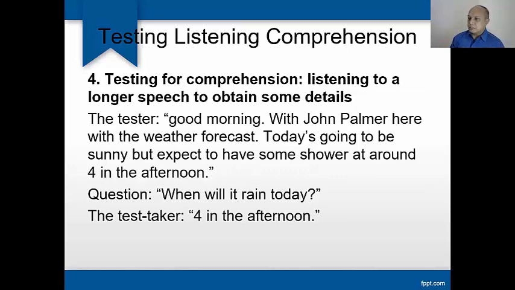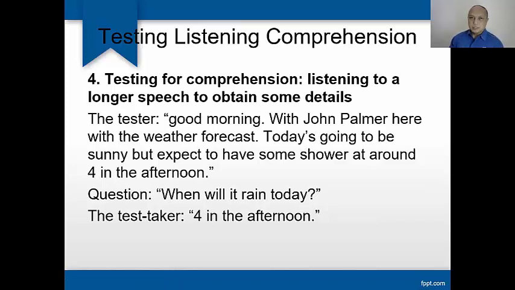The fourth is like this: testing for comprehension, listening to a longer speech to obtain some details. For example, the tester says, "Good morning, this is John Palmer here with the weather forecast. Today is going to be sunny, but expect to have some shower at around 4 in the afternoon." So this is a short speech, or a longer speech, longer than the previous one, of course.